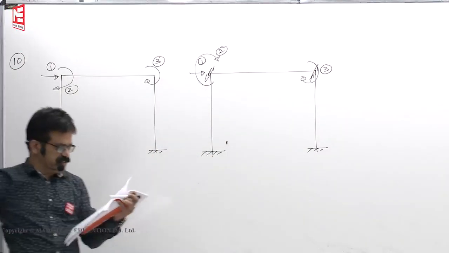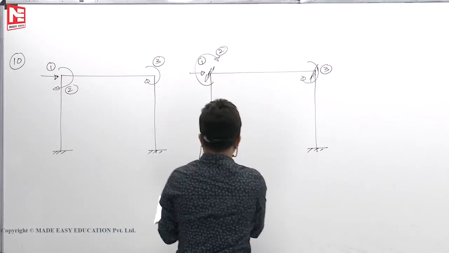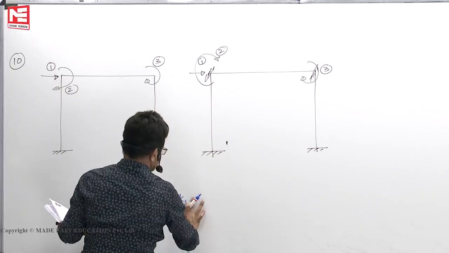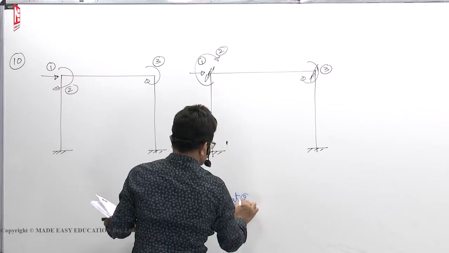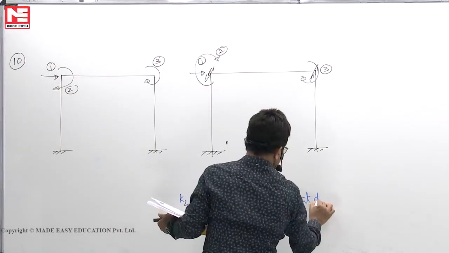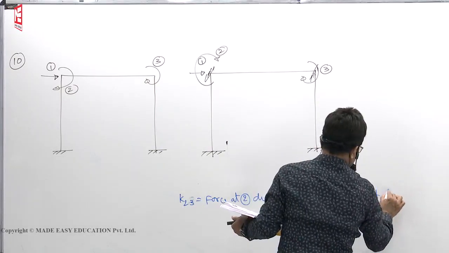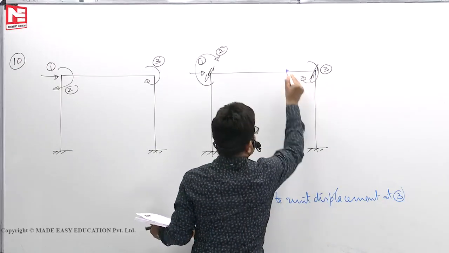Now the question is K23. Force at 2 due to unit displacement at 3. Give the unit displacement here in the direction of 3.